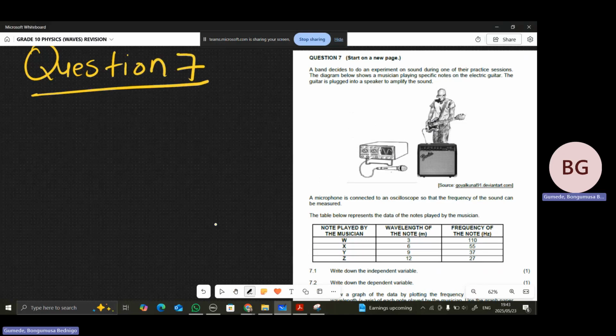So a band decides to do an experiment on sound during one of their practice sessions. The diagram below shows a musician playing specific notes on an electric guitar. The guitar is plugged into a speaker to amplify the sound.